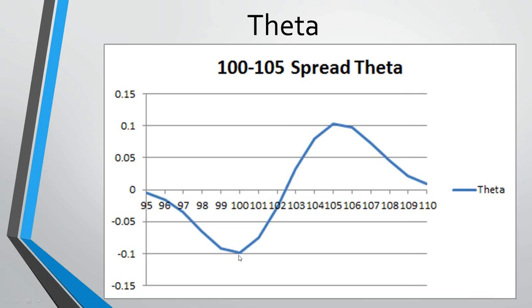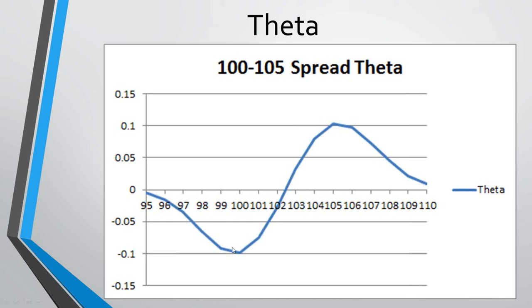It's actually maximum theta negative at the money if you're long the spread. Remember, we talked about when we were in the money, all the way at the full intrinsic value, and time was working for us. That's because this theta is positive. You can see how that graph goes. We talked about the null point. There is no extrinsic value, so there can't be any theta there. That's where this crosses, at 102.5.